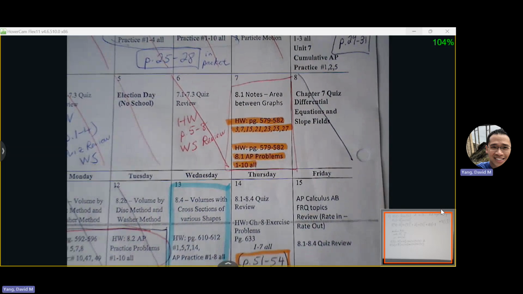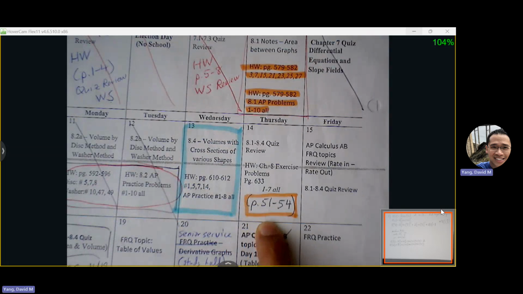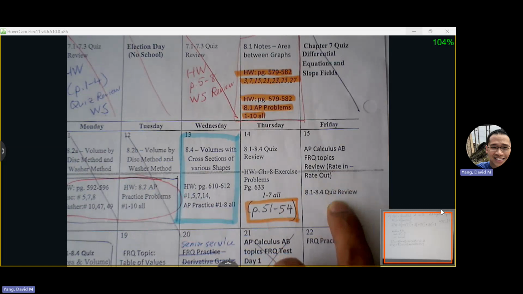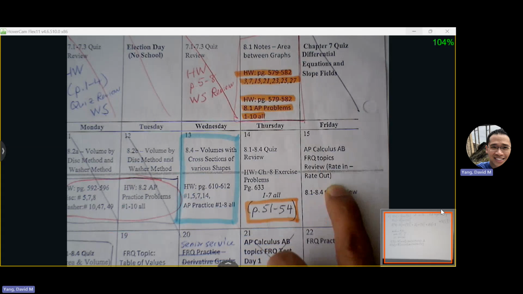Okay, your homework is to finish off the AP practice problems in the back of your packet. This is page 51 to 54. I'll check that tomorrow. And then tomorrow we'll finish off the rest of these problems on page 4. But we also need to begin to look at some FRQ topics, rate in, rate out.